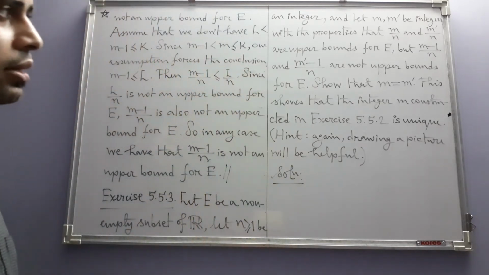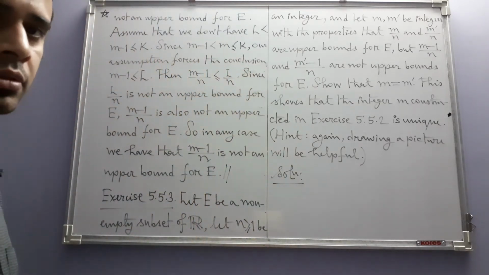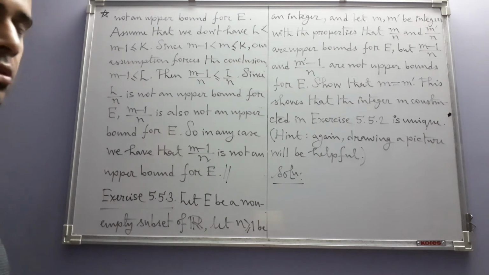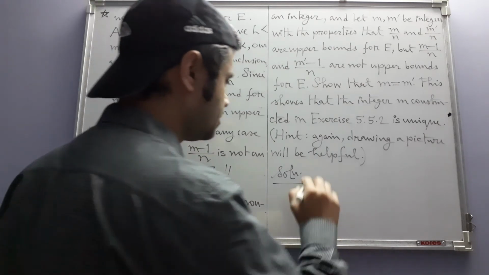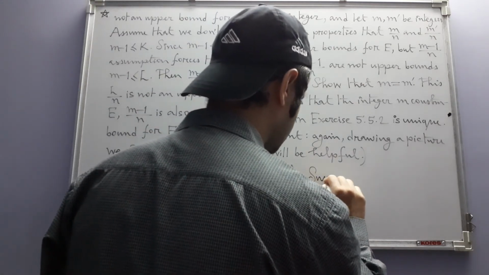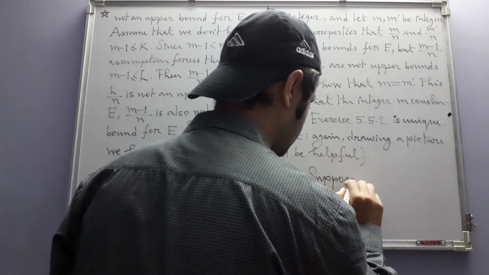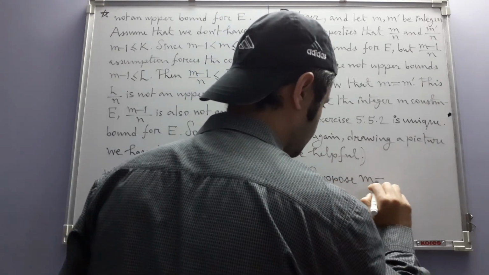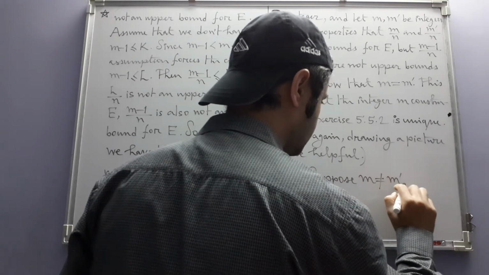Okay, this time we are going to solve this by the method of contradiction. Suppose M is not equal to M prime.